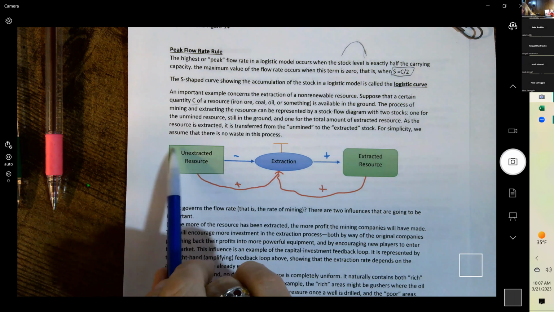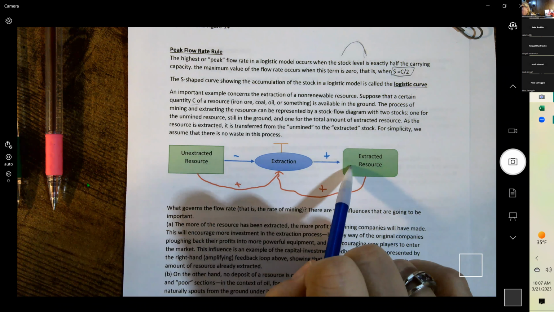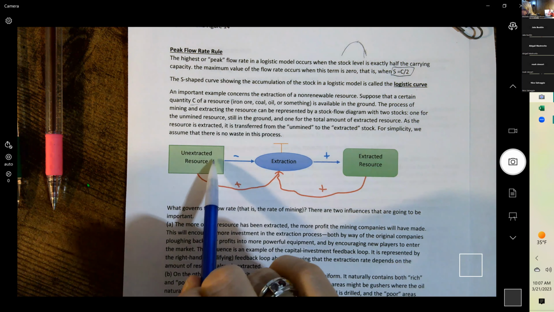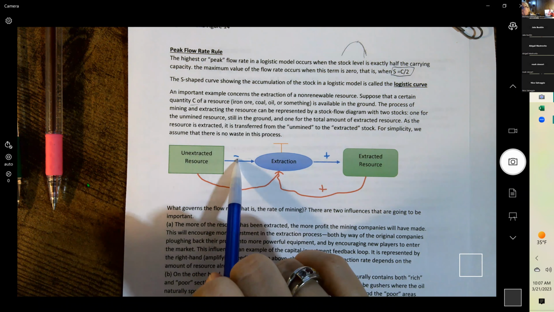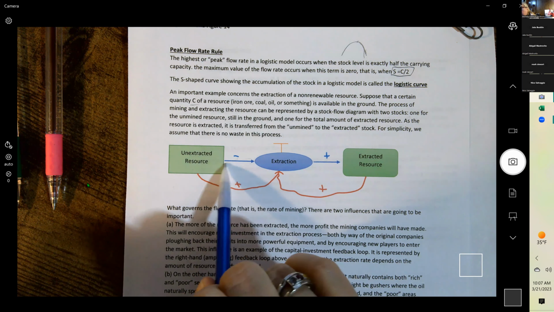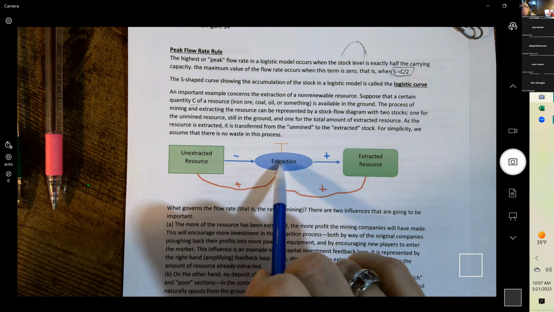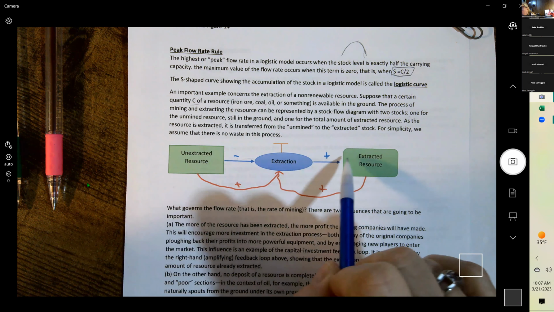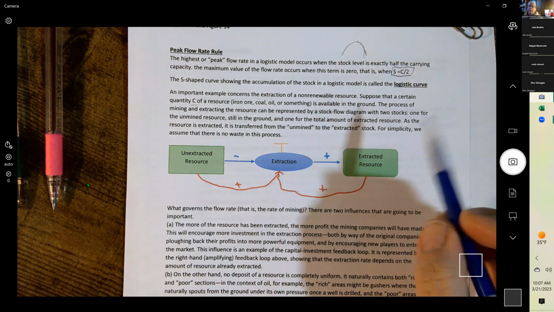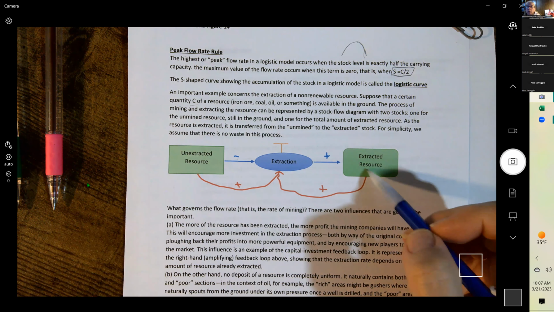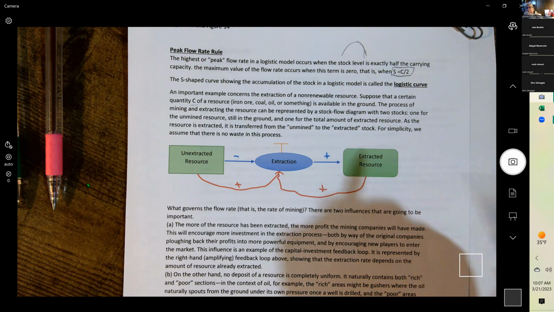This is the in-ground stock, this is the out-of-the-ground stock. When you're leaving the stock, it's a negative, and it's leaving by extraction. And then extraction is increasing the one that's out of the ground. So this would be the extracted oil or whatever we are removing from the ground.